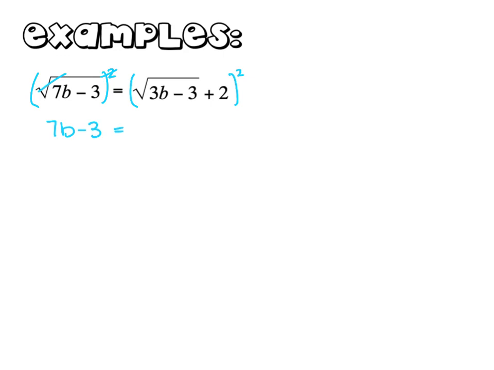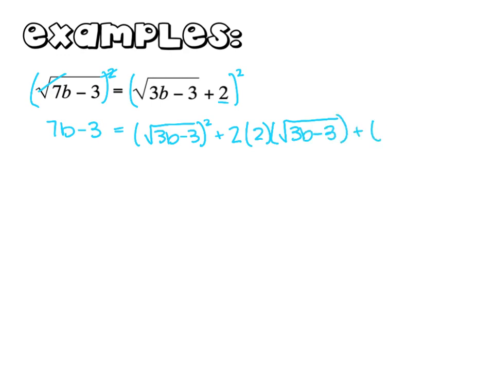But the right-hand side is the really messy part, and this is where it's really nice to know that rule, right, for perfect squares. So the square root of 3b minus 3 squared plus 2 times, right, and then my two pieces, so I'm going to put the 2 first, and then the square root of 3b minus 3, and then plus 2 squared.